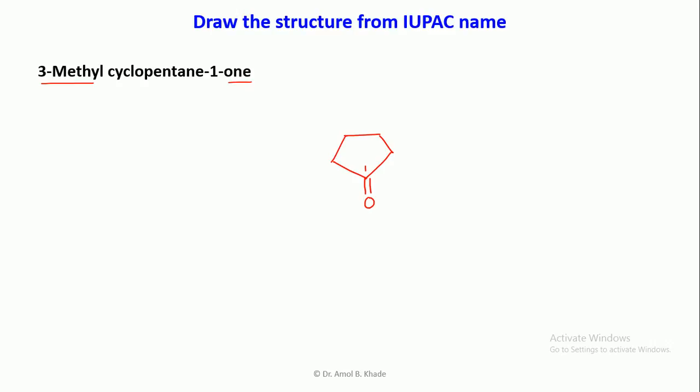Then if you are going, let's say, in an anti-clockwise way, it will be 2, this will be 3, 4 and 5. So at carbon 3 we have a methyl, okay, and 1-one. So this will be the correct structure for the given IUPAC name. Alright, even if you have not mentioned 1-one here, even then it is fine, okay, because it is understood.